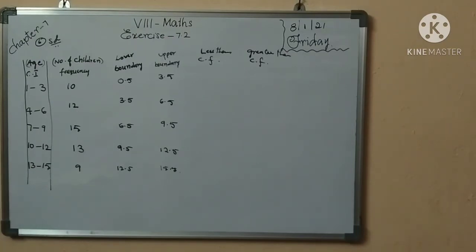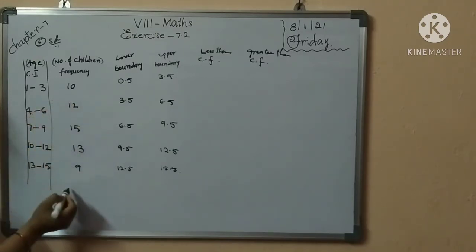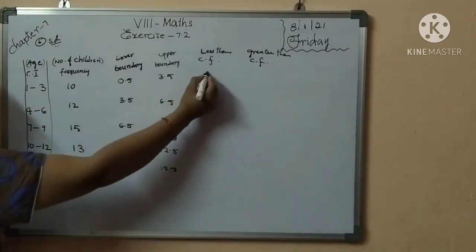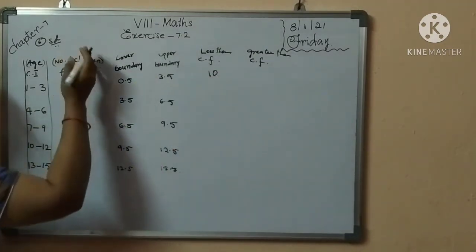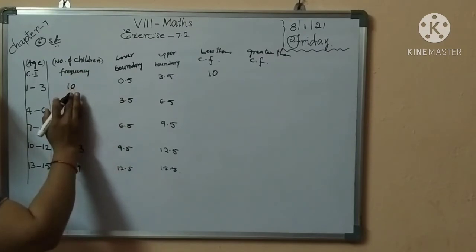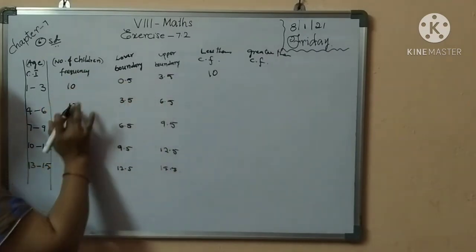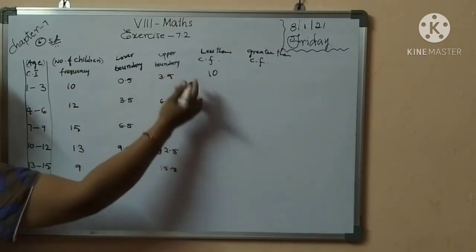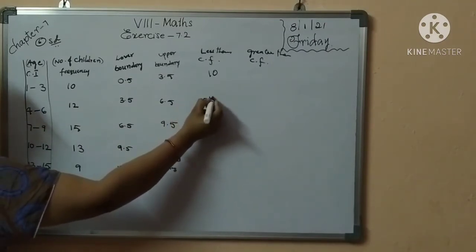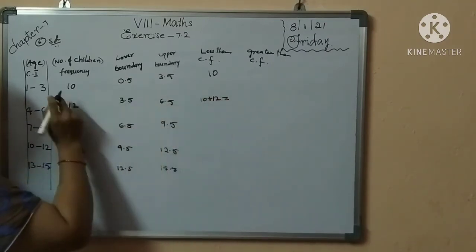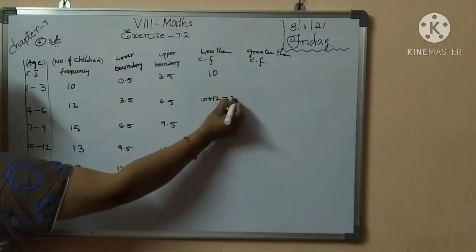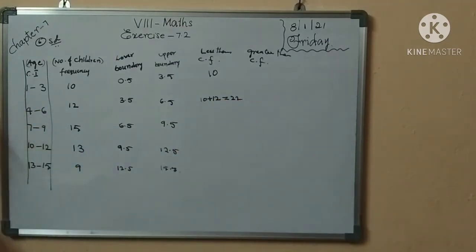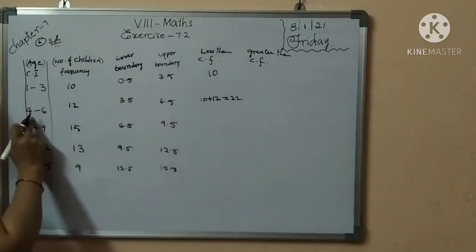Okay. Next less than cumulative frequency. CF means cumulative frequency. Now here take the frequency. So first 10 is there. Before it no number is there, so you have to take the 10. Next frequency is 12. So here next counting 10 plus 12, 22. That is the cumulative frequency for the class interval 4 to 6.